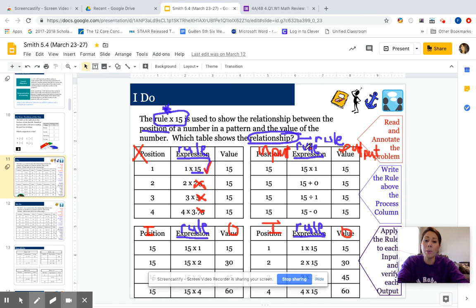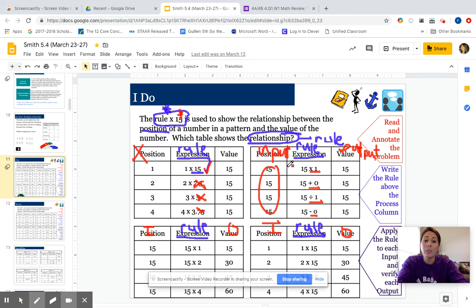So now, if I look at my rules here under expressions, my rules are times 1, plus 0, divided by 1, and minus 0. Is this the same rule it's asking me for over here? No, so I know that this can't be my answer, right? Not only that, but let's look at our position, our input. Our input is the same for all of them.